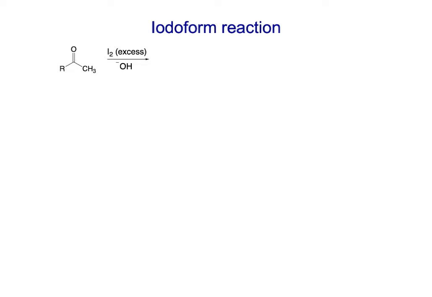An example of this reaction that has been used in the past as a qualitative test for the presence of methyl ketones is called the iodoform reaction, or in a more generic sense, the haloform reaction.